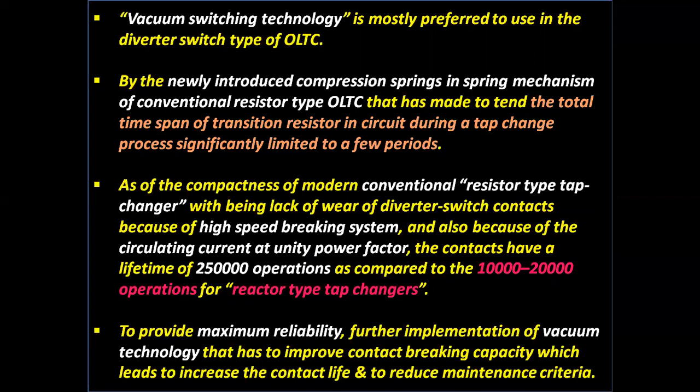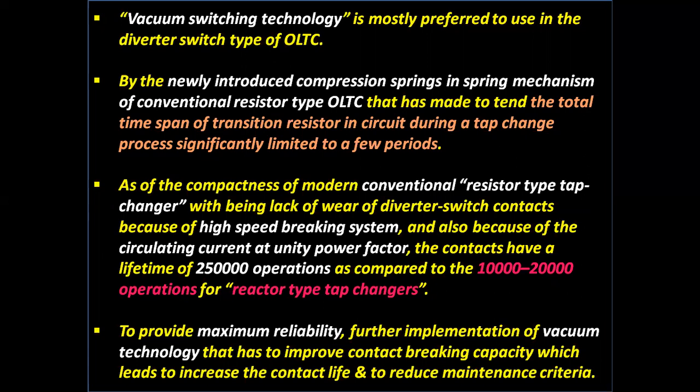By the newly introduced compression springs in spring mechanism of conventional resistor type OLTC, the total time span of transition resistor in circuit during a tap change process is significantly limited to a few periods.